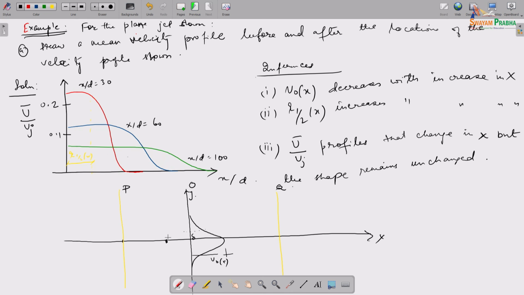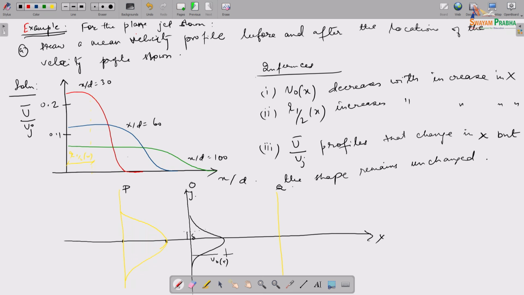Then if I draw the line, this is the profile at P. I did not write this here.